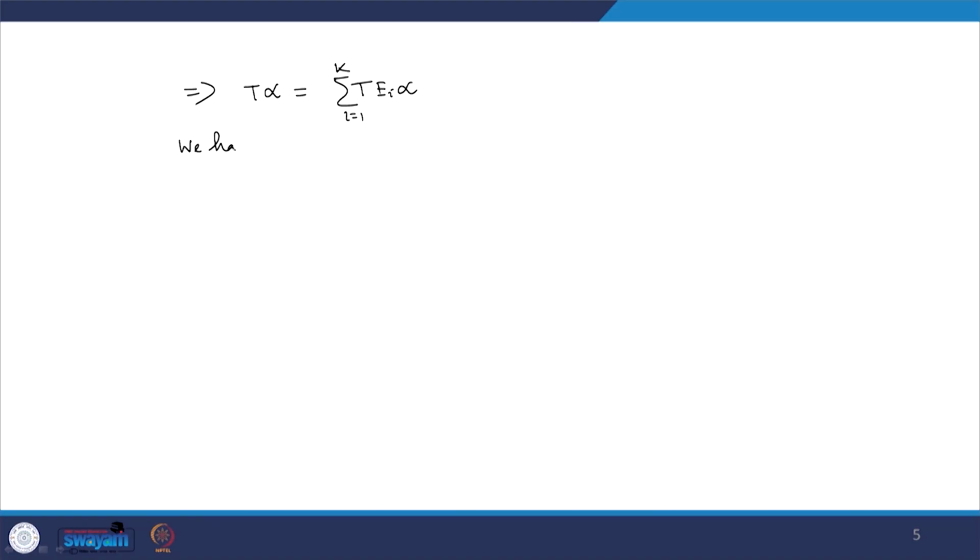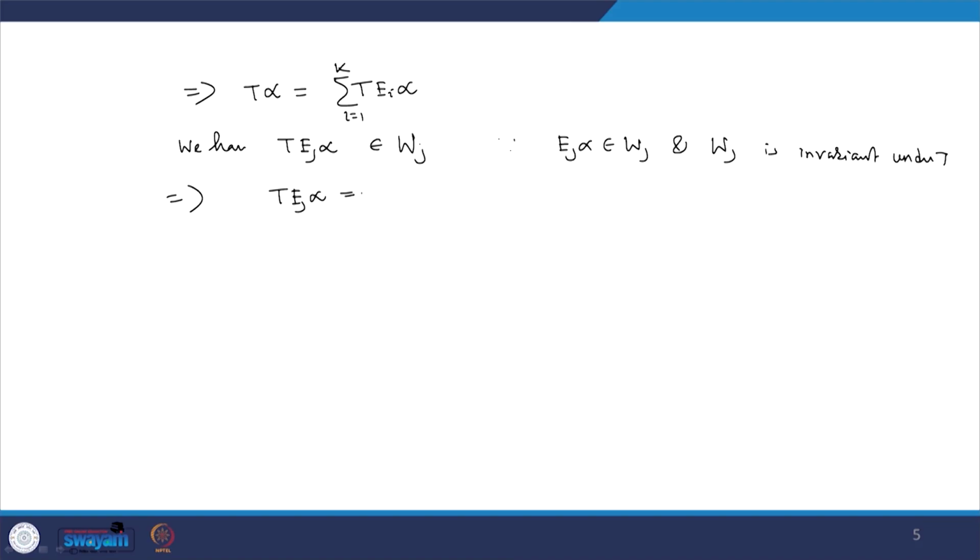We have T E_j alpha belongs to W_j, since E_j alpha belongs to W_j and W_j is invariant under T. So, for each T E_j alpha there will be beta_j in W_j such that this will be equal to E_j beta_j, for some beta_j belonging to W_j.